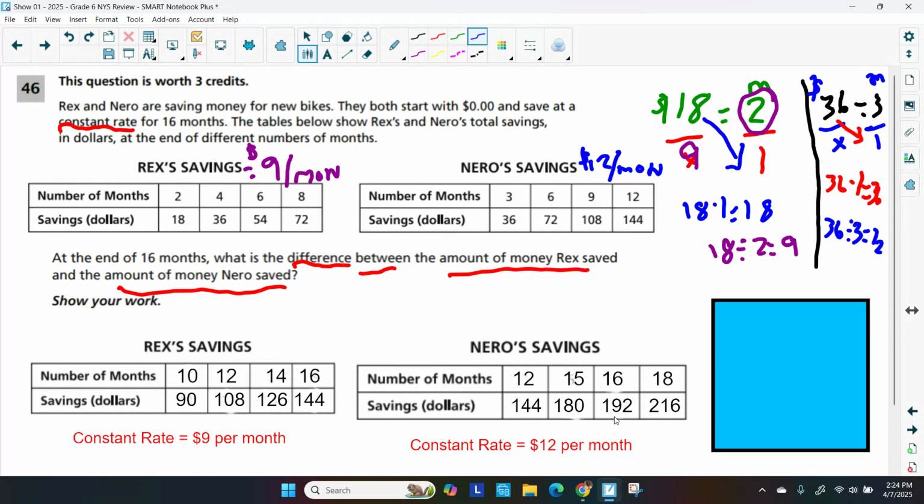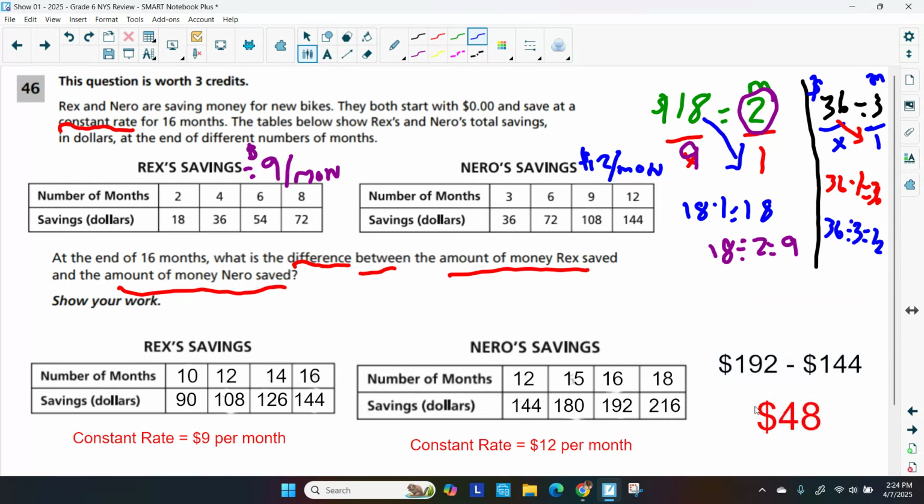Not quite, because they used a little word down there that I had in the other question with our vocabulary, difference. What's the difference between the amount of money Rex saved and Nero saved? Well, in the 16-month, Rex saved 144 and Nero saved 192.